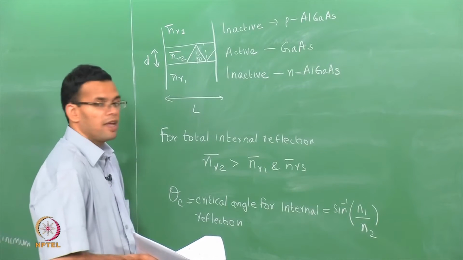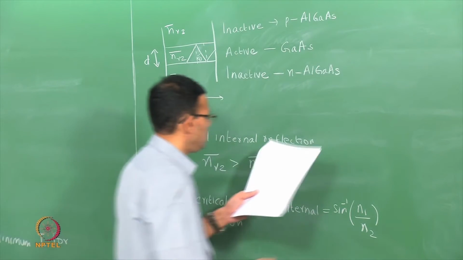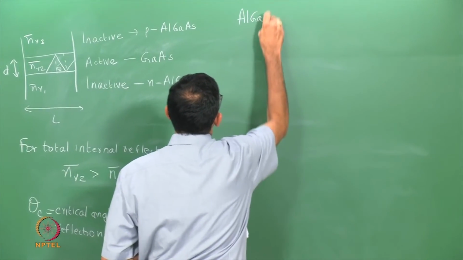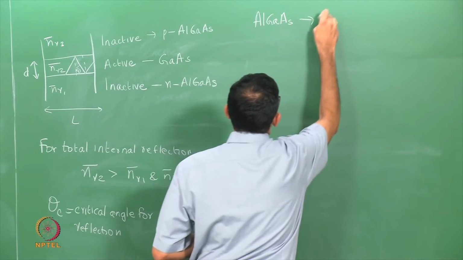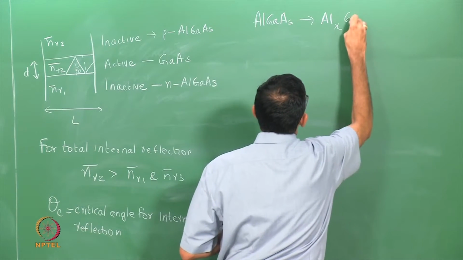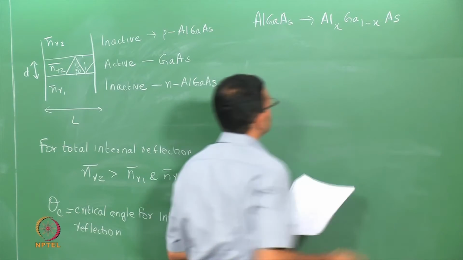So, consider the case of your gallium arsenide, aluminum gallium arsenide material. Aluminum gallium arsenide can be written as aluminum x, gallium 1 minus x arsenic.